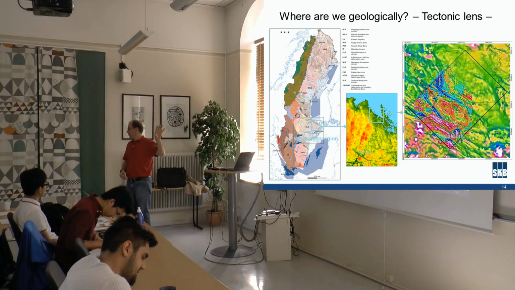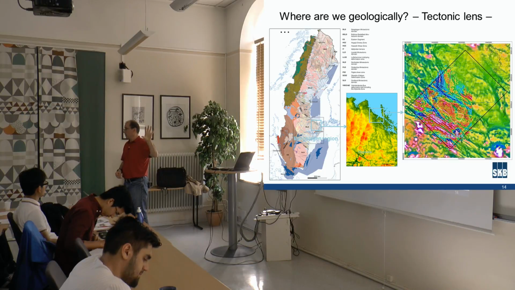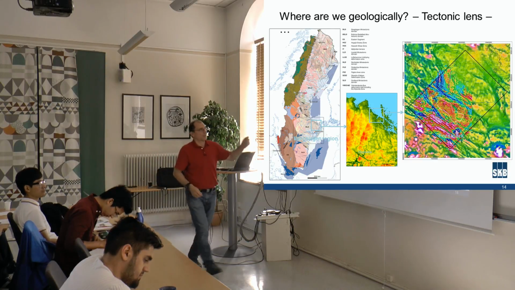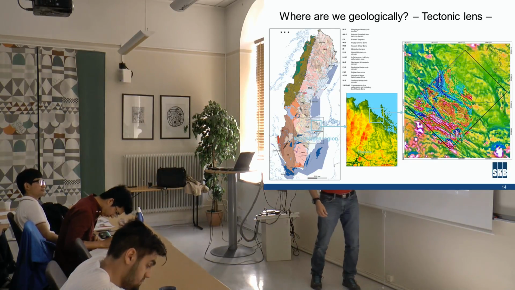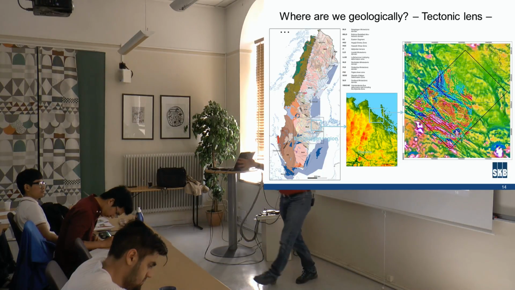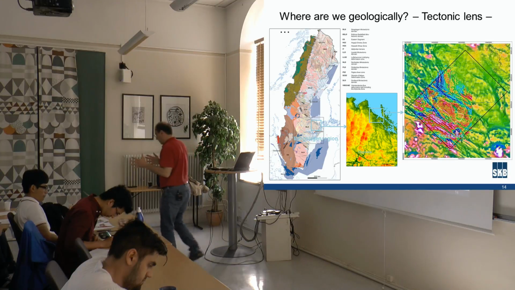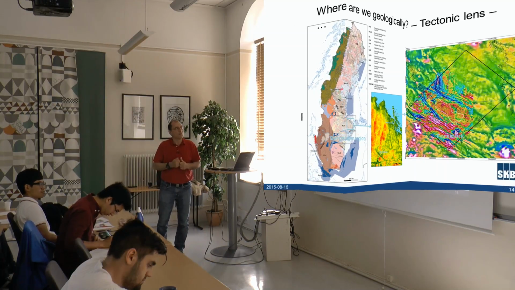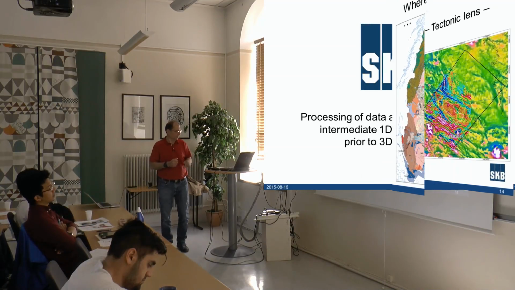And this is just the first information given. So a tectonic lens is a rock which is surrounded, enveloped by deformation zones, simply said.